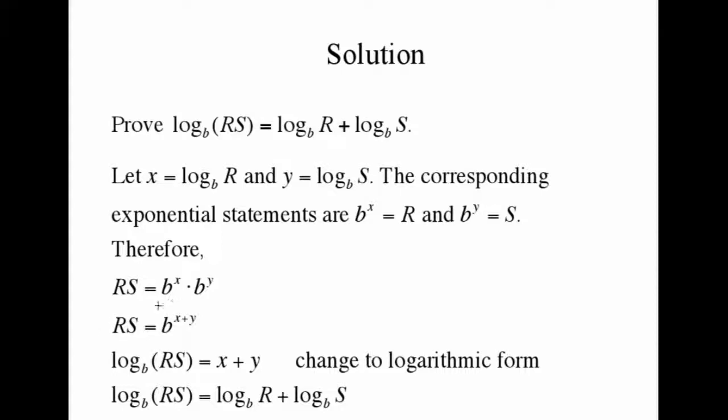Okay, same base, add their exponents. So if we take the log of both sides, log base b, we have log base b of rs equals x plus y. Well, we defined x and y to be log base b of r and log base b of s. So log base b of the product rs would equal log base b of r plus log base b of s.